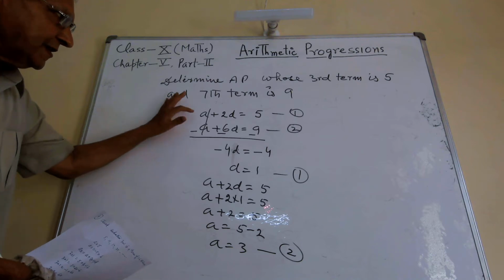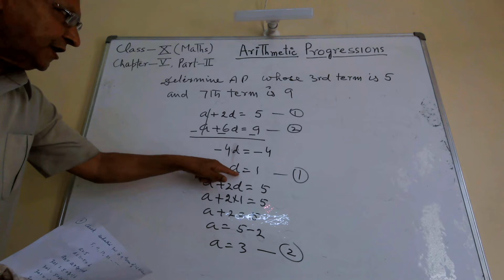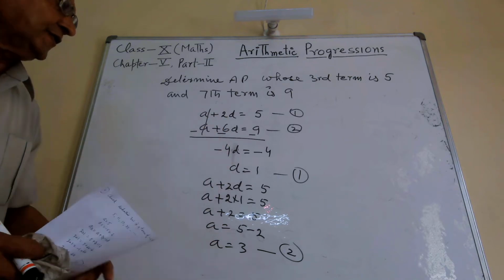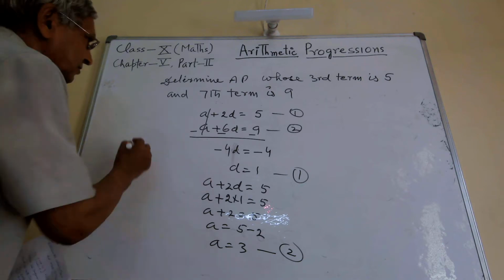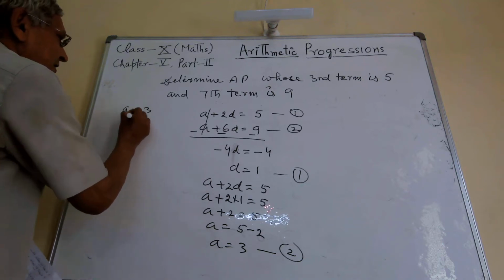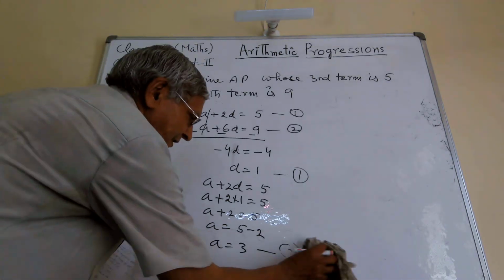First I eliminate a, then by putting the value of d in the first equation, we get the value of a. Now we have a is equal to 3 and d is equal to 1, and we will form the AP series.